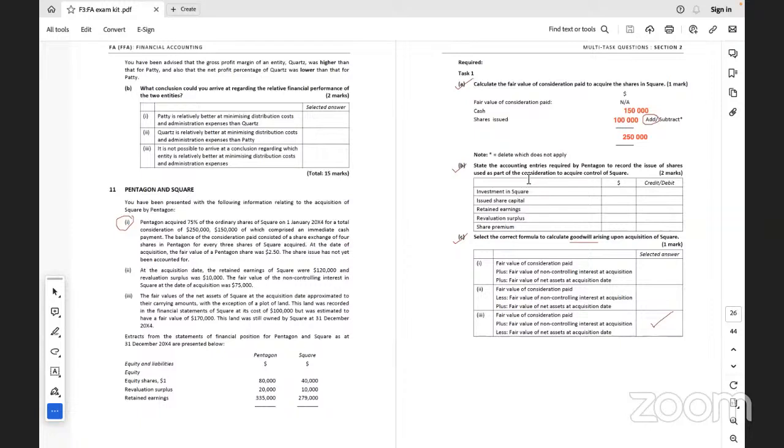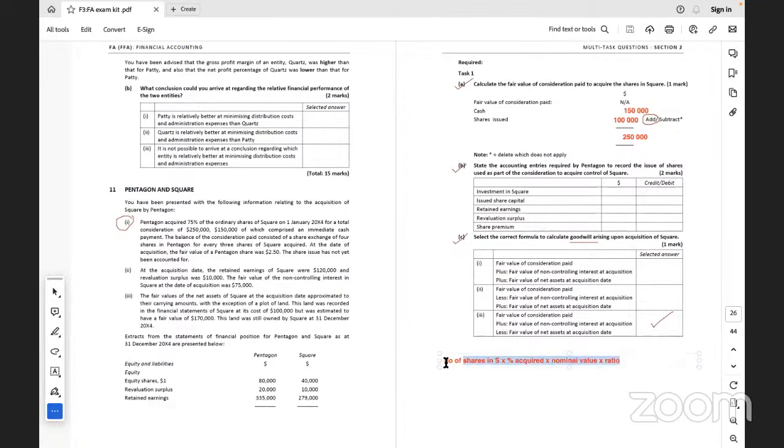Now this is related to share exchange. So I gave you a formula like this: number of shares in the subsidiary company, multiply that by percentage acquired, multiply by the nominal value, and then multiply that by the ratio.